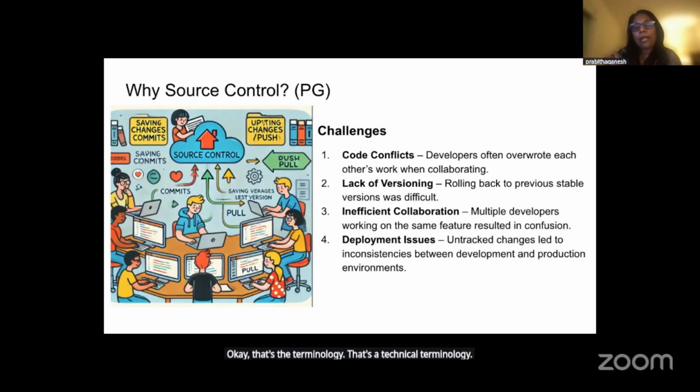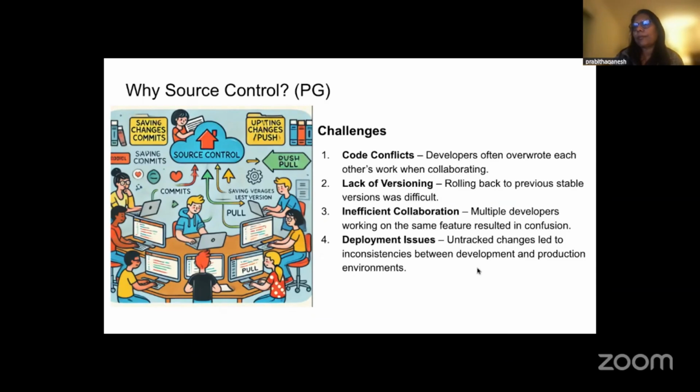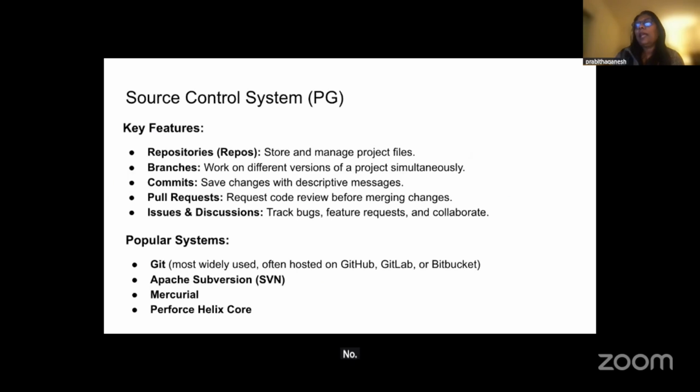When you send the product or project over to a customer, it's called deployment. That's a technical terminology, and it is basically getting your code to your customer. Versioning and source control play a very important part in it. Did I confuse anybody over here?